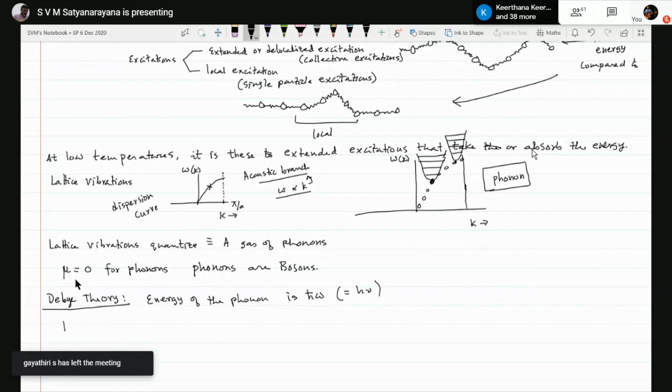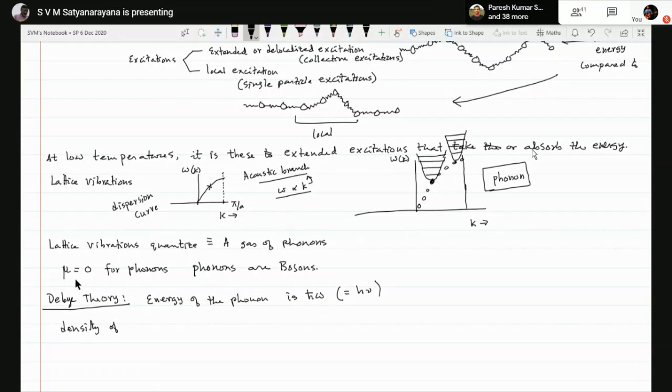Now you talk about the density of states, basically the phonon density of states, which is essentially the number of normal modes in the range between omega and omega plus d omega.